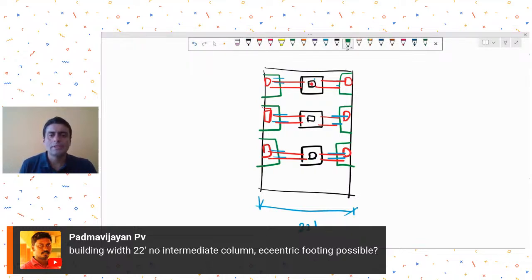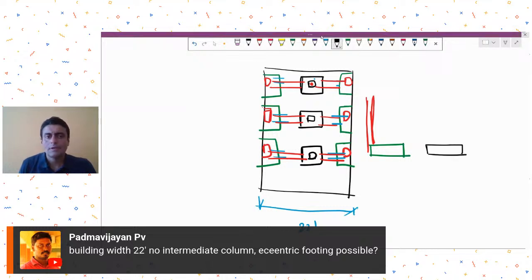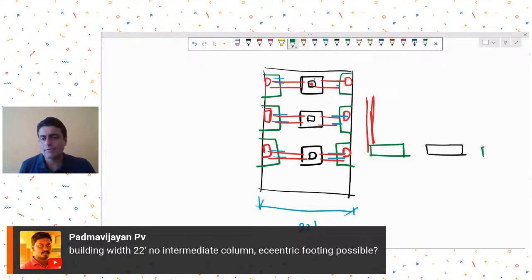So the assembly in sectional view would be like this: this is your eccentric footing and this is your column on the plot boundary. I'm showing you a section now, and then this is your stub footing, and this is another eccentric footing on the other side of the plot.